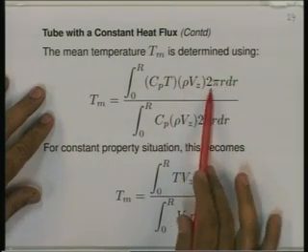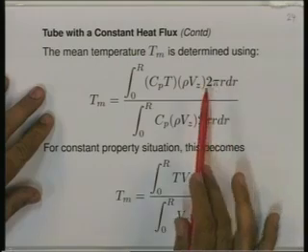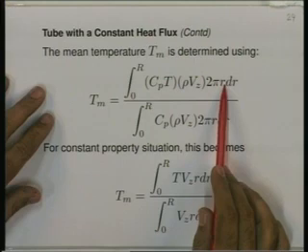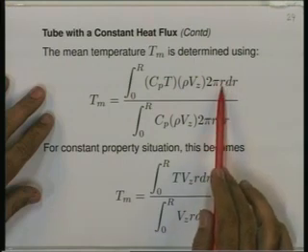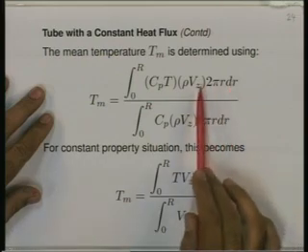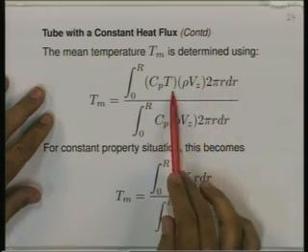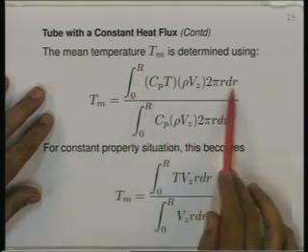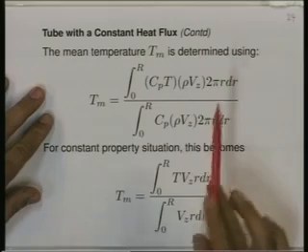So rho Vz into 2 pi r dr is the mass flow rate flowing through a small radial annulus at r width dr. So this is something like m dot into enthalpy. So this is the actual enthalpy outflow at that particular cross section.